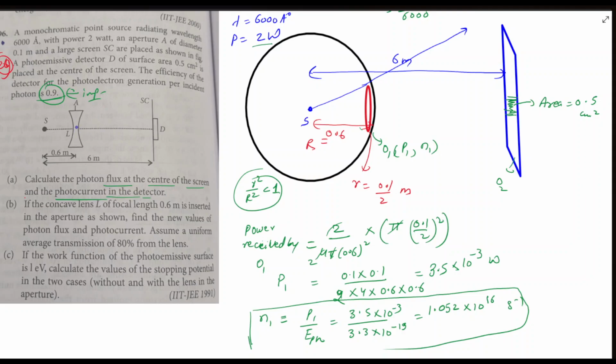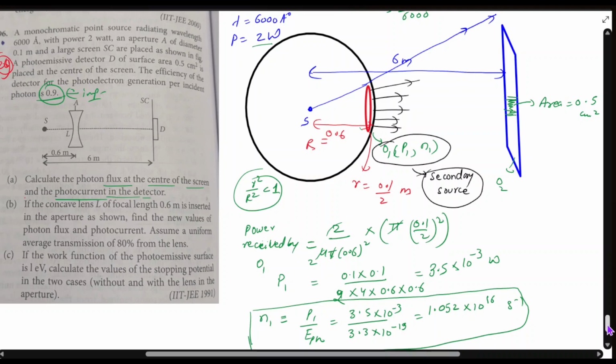This aperture is used so that only the photons from here will reach this surface. So this observer will act like a secondary source.